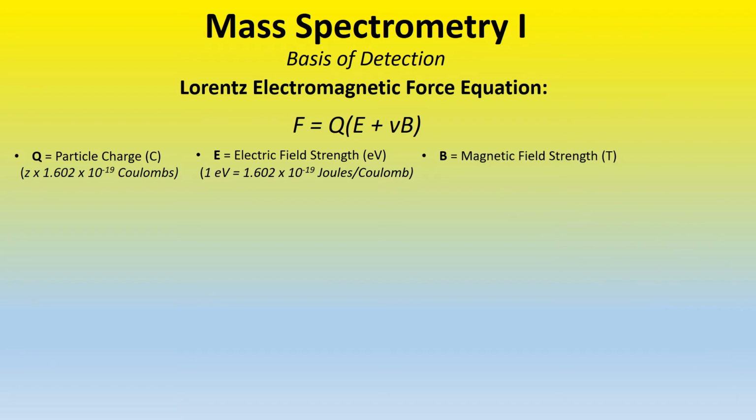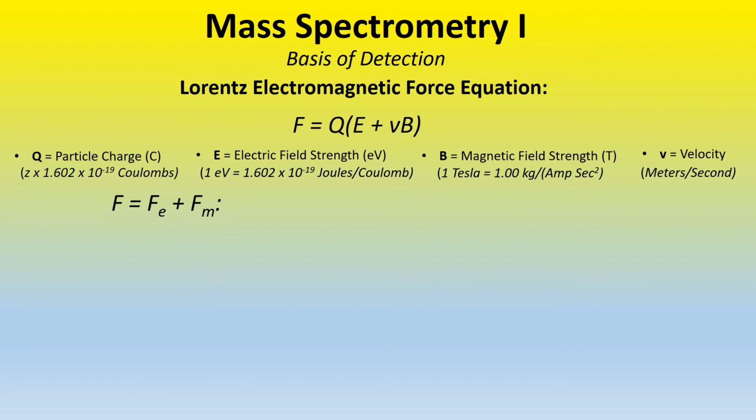B is your magnetic field strength, measured in Tesla, where magnets have odd units. 1 Tesla is 1 kilogram of force imparted by 1 ampere per second squared circulating in a ring. And V is your velocity, measured in meters per second. Essentially, the Lorentz electromagnetic force equation, as the name implies, can be split into 2.